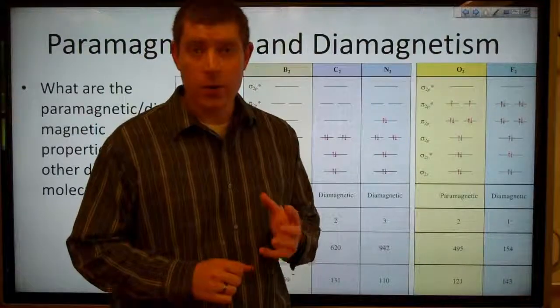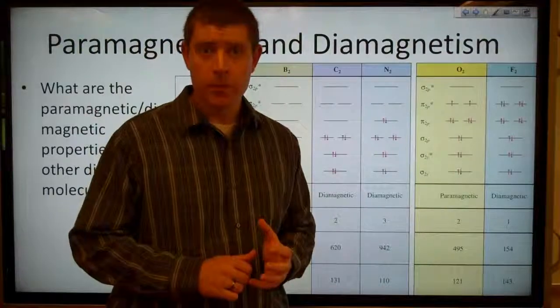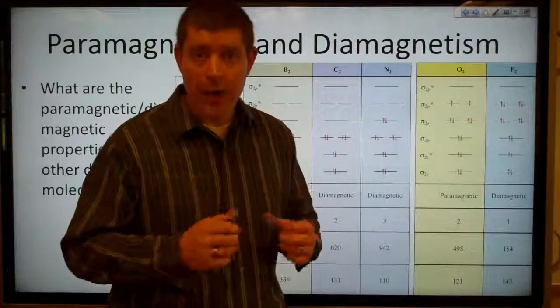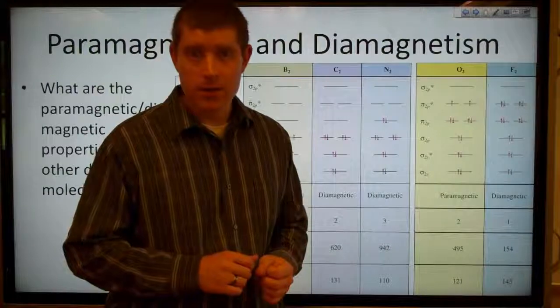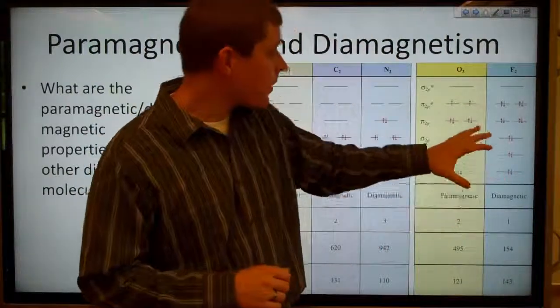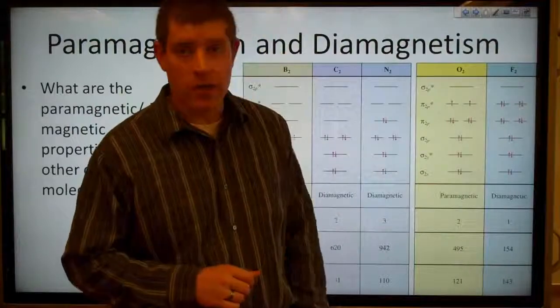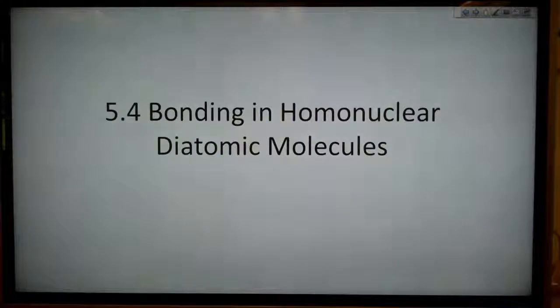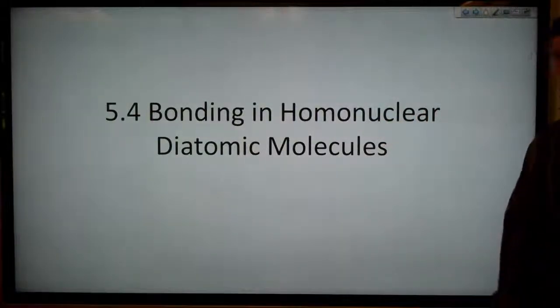But if we get liquid oxygen, which is really cold, and we put it in the poles of a very strong magnet, we can see that it will hang suspended there. So, fluorine would be diamagnetic because those electrons are all paired. So that was bonding in homonuclear diatomic molecules.